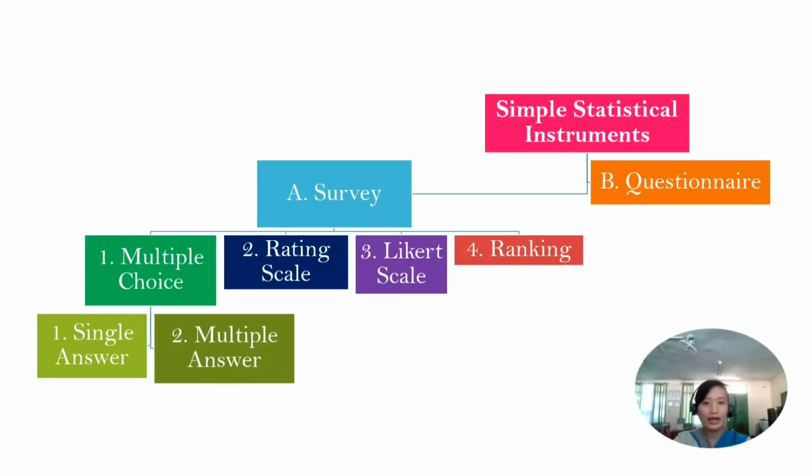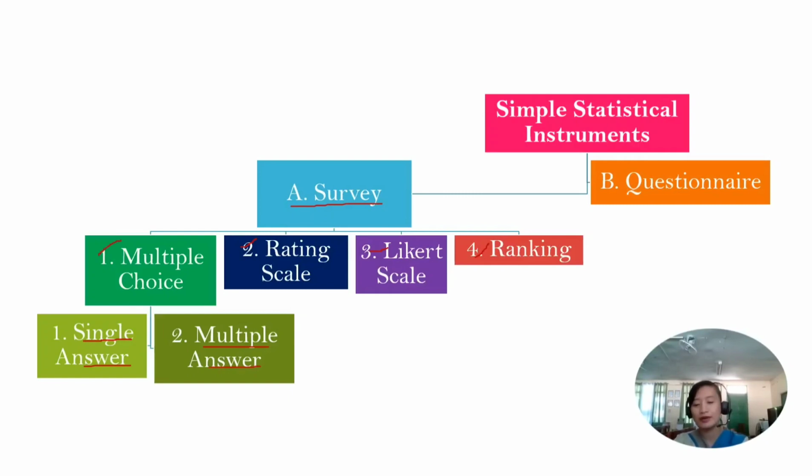To sum it all up, here are the different statistical instruments that we have discussed. So again, we have survey. Survey has 4 classifications. It can be multiple choice, rating scale, Likert scale, or ranking. And then multiple choice can be classified as single answer multiple choice or multiple answer multiple choice.